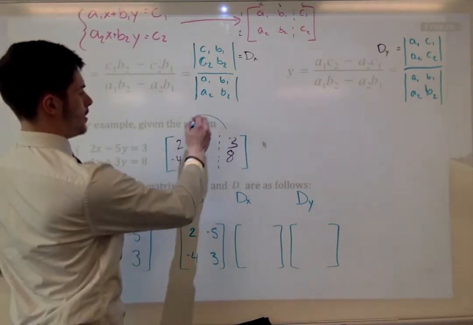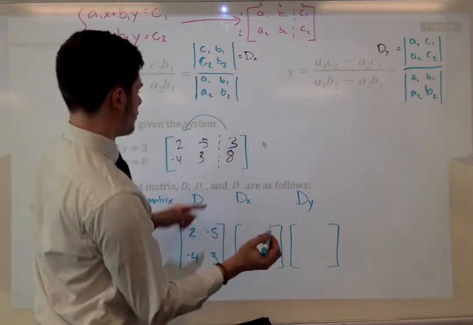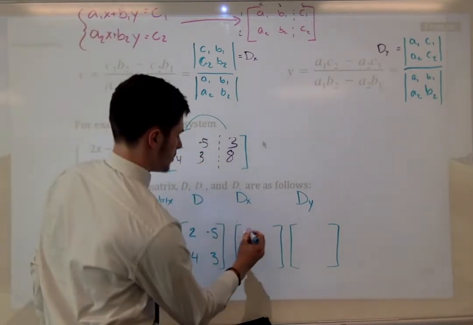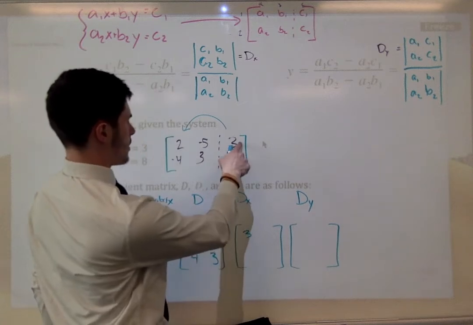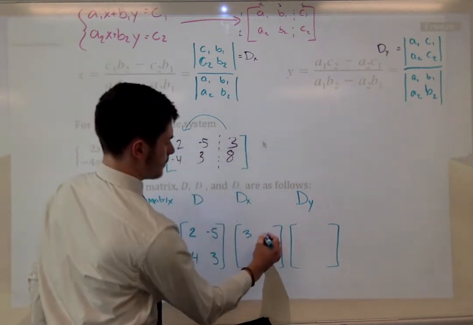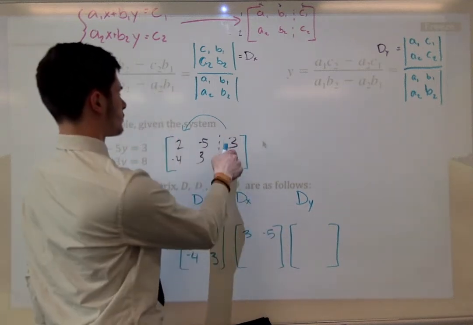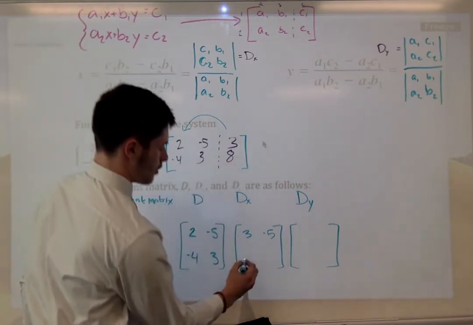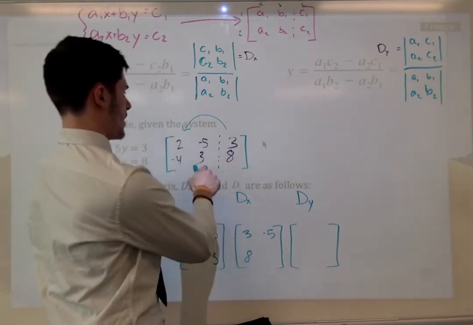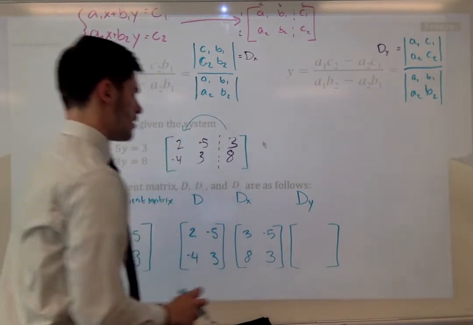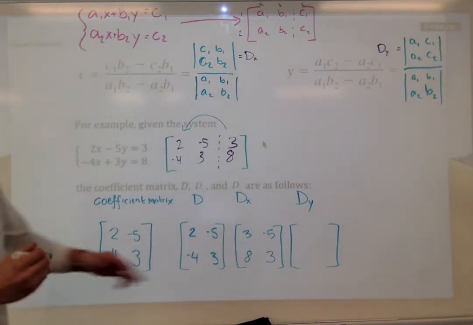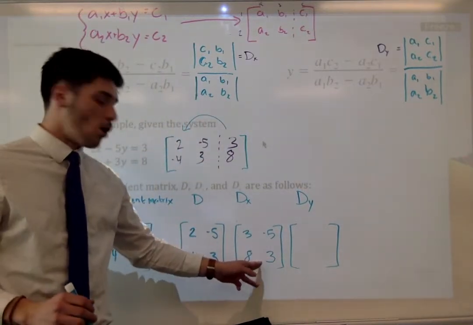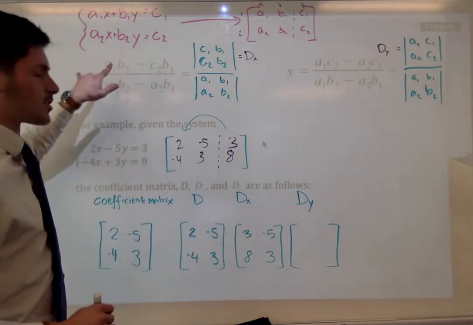So we'll move that over here temporarily. And so our dx matrix is going to end up being 3, right? Because that moved over. -5. 8, because that moved over. And 3. And so this is what would go in the numerator when we were trying to find the solution to x.